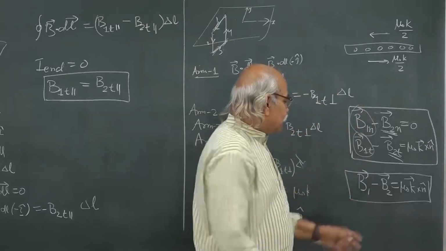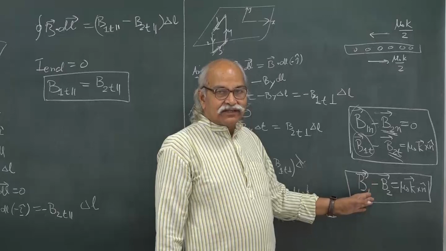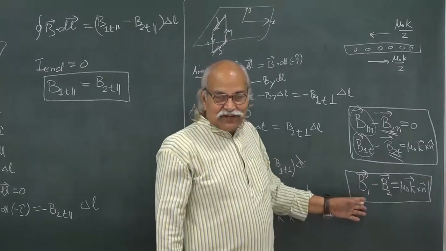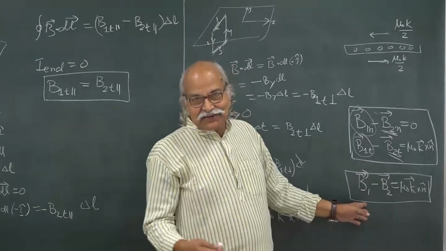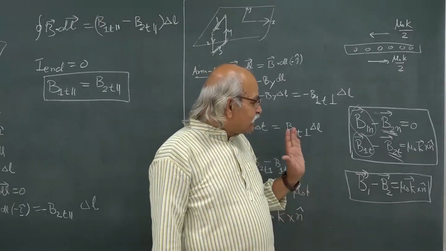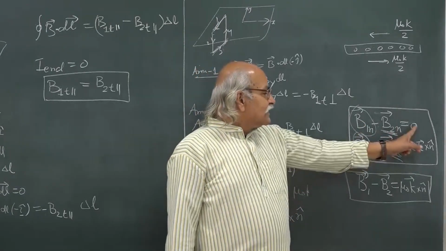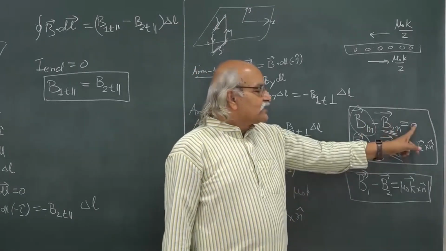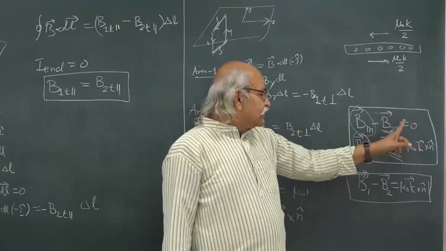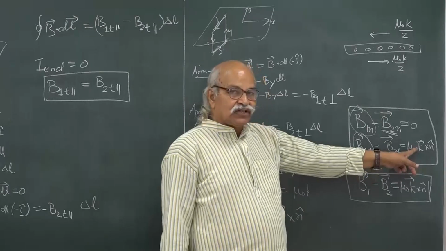So this relation contains all the information, in one single relation. You can work with this, and from here you derive all your things. But practically it is better to remember this separately. The normal component does not change, and then the tangential component changes, and the discontinuity is this much.